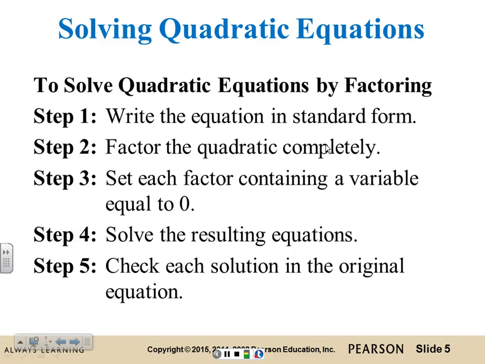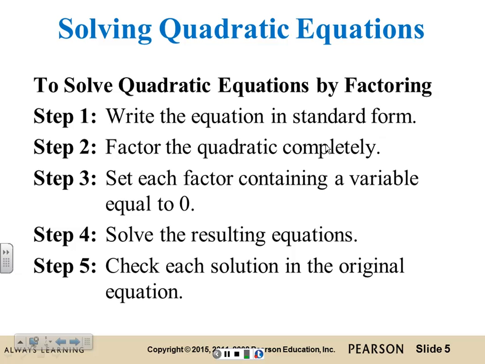Okay. So here are your steps for solving quadratic equations. First, write the equation in standard form. Make sure you have it in standard form. It's got to be set equal to 0. On the left hand side you want it in descending order, and on the right hand side it's got to be set equal to 0. Then you're going to factor the quadratic completely using those factoring techniques that we talked about previously.